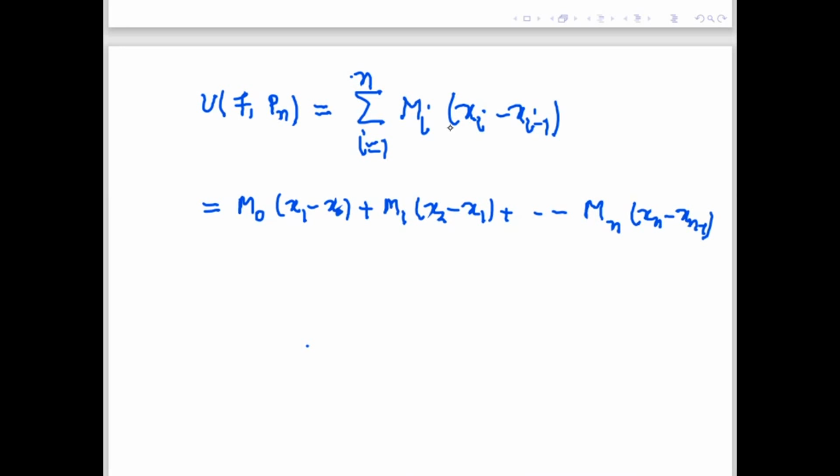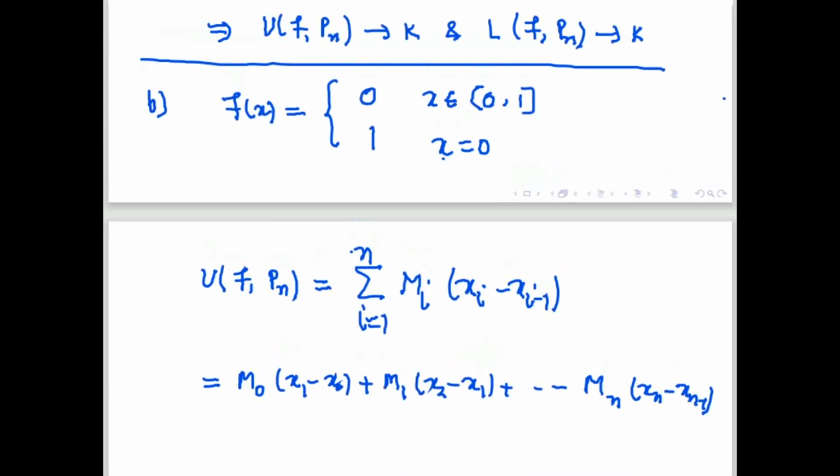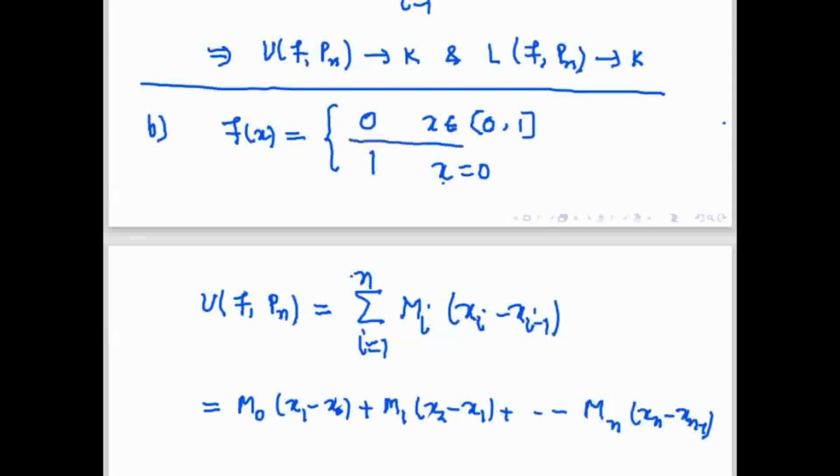All these interval lengths are 1 by n, because this function is 0 in the open interval 0 to 1. So this function takes value 0, and all these m1, m2, m3 will be 0 only, because the function is constant 0 in those intervals, but here the supremum will be 1.